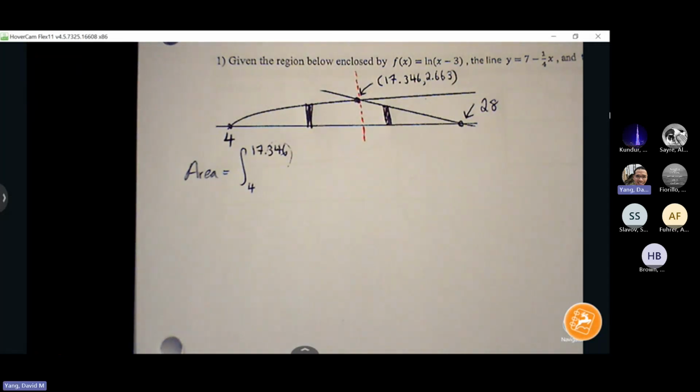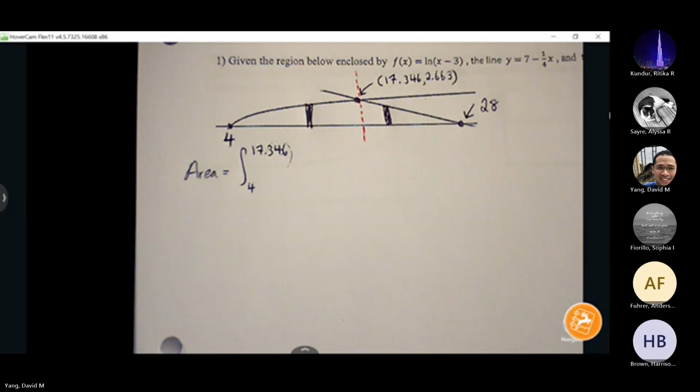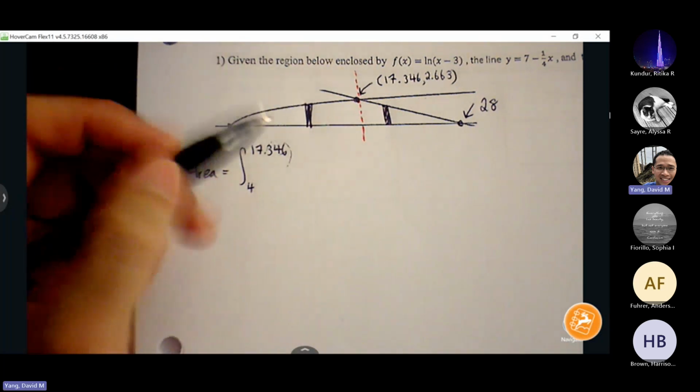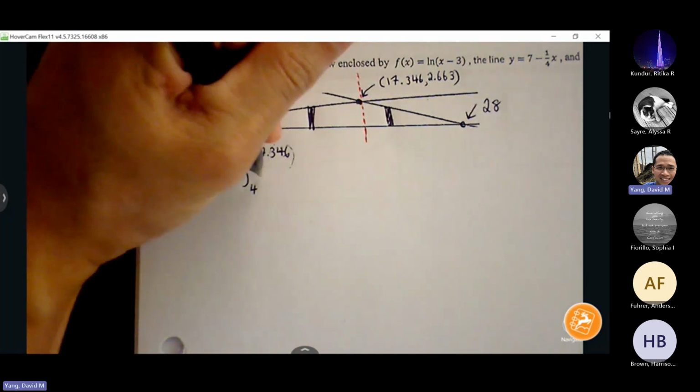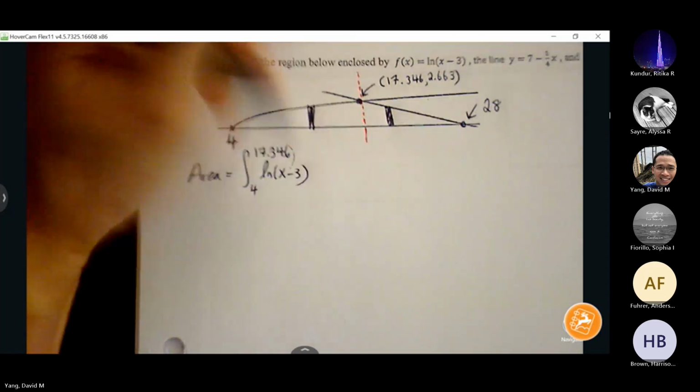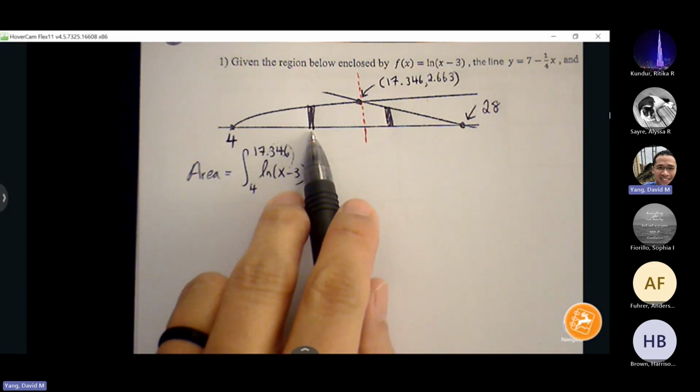Okay, so top minus bottom here. So the top is this natural log of x minus 3 minus, what's the bottom of the rectangle touching?